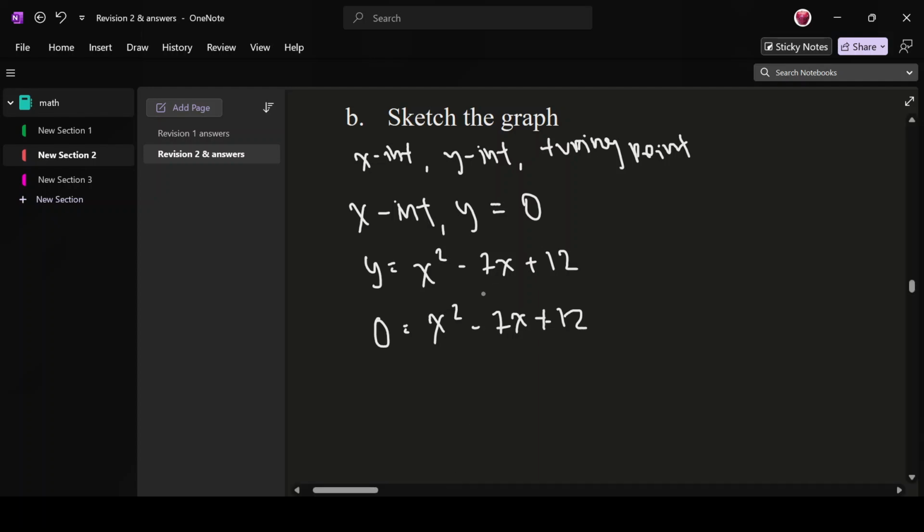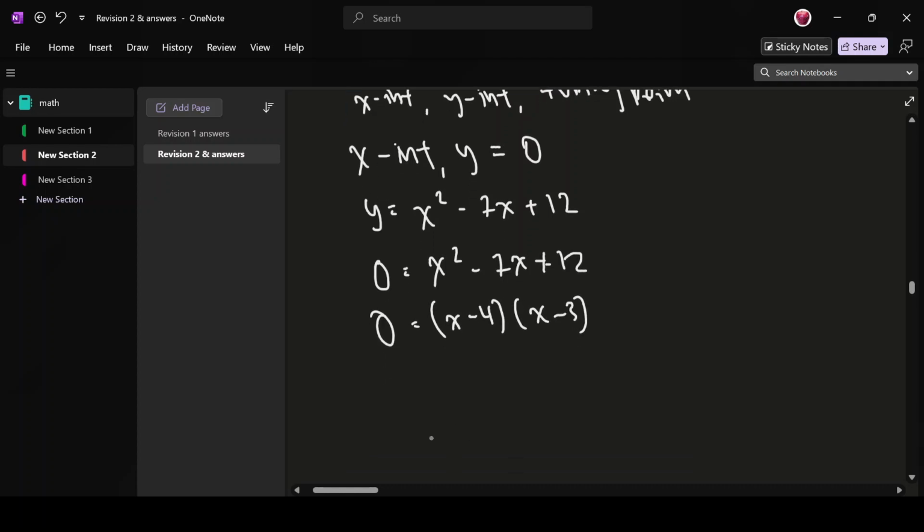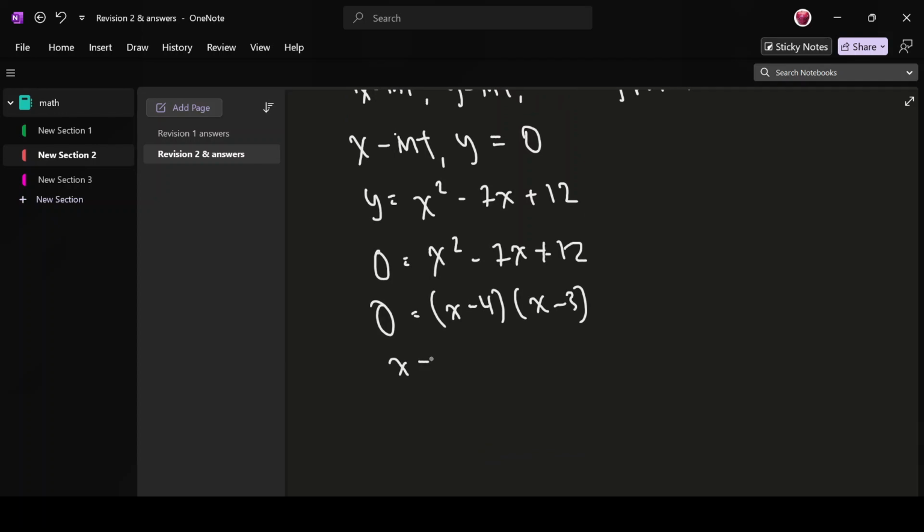Now we just factor this out, and x minus 4 times x minus 3 is still equal to 0. So x minus 4 is 0, or x minus 3 is 0. When x minus 4 is 0, x is equals to 4. And for this one, x is equals to 3.